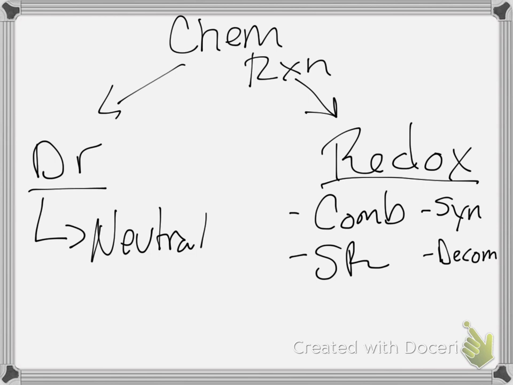If I say select all that are types of redox, and I give you these six things, which ones would you select? All of them, but neutralization and double replacement. These are all types of redox reactions. Neutralization is not. Any type of double replacement is not. And we'll see why that is in the future.